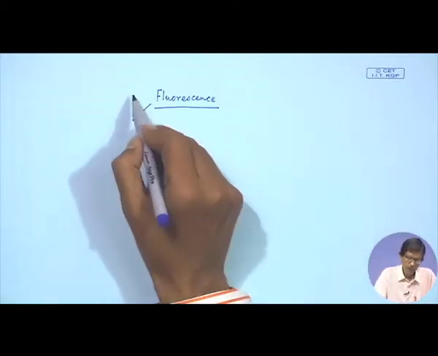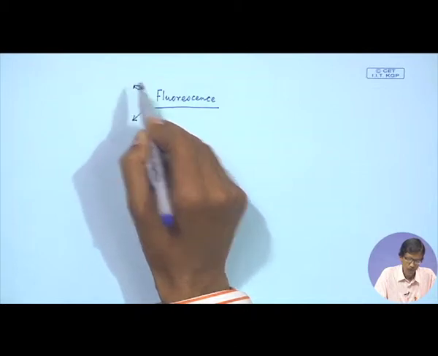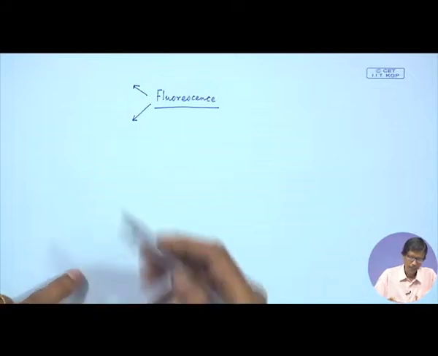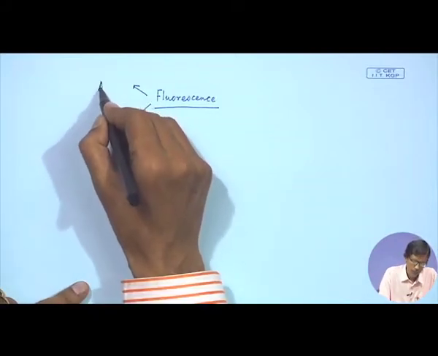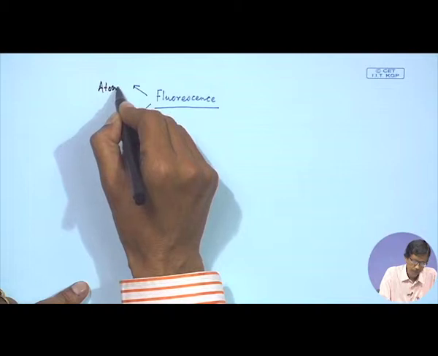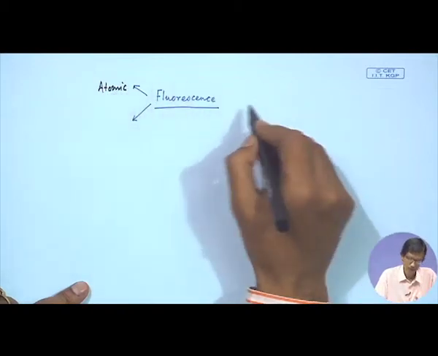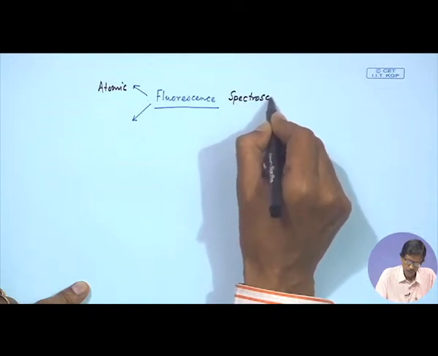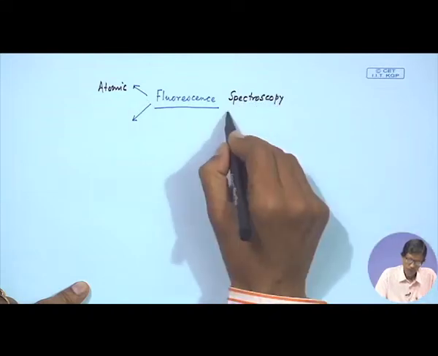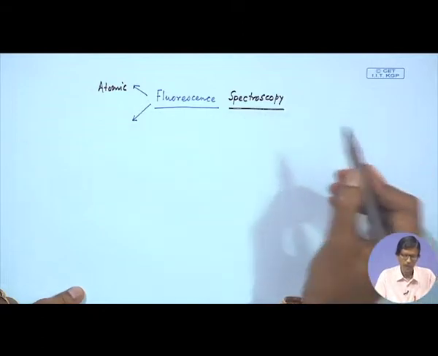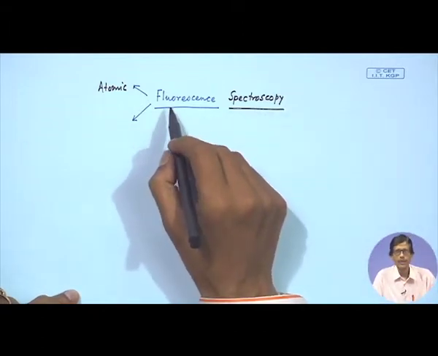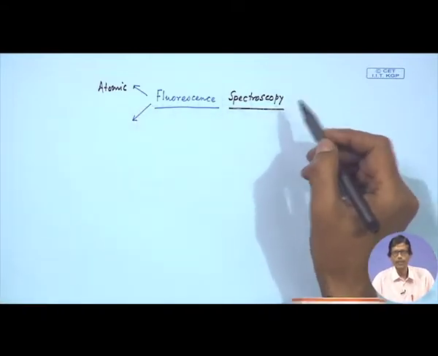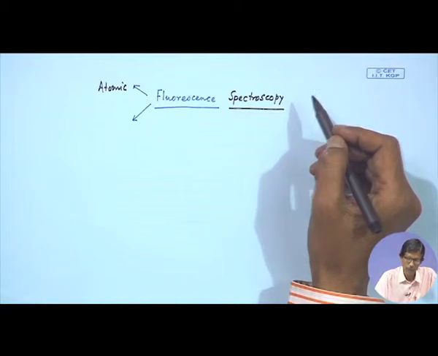Fluorescence in the same way is also helpful for getting much information, and when we talk in terms of atoms, it can be atomic fluorescence spectroscopy. This atomic fluorescence spectroscopy can be useful for identifying the presence of elements, and geologists take advantage of it.